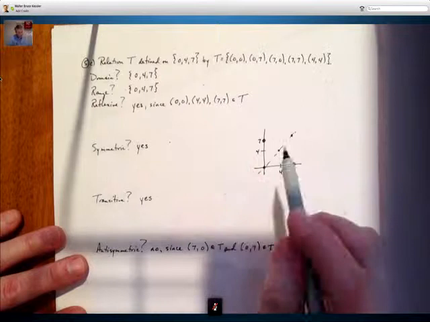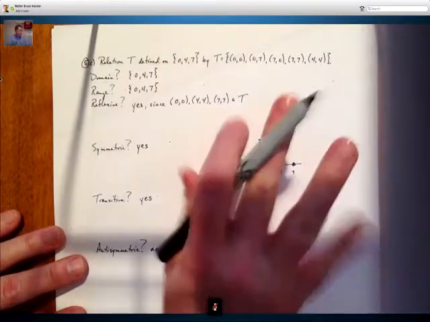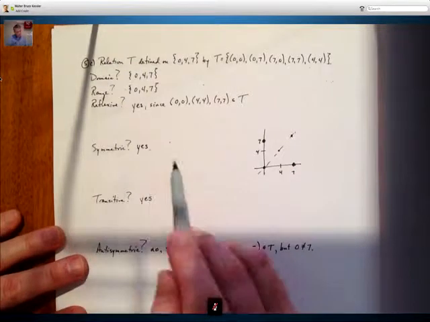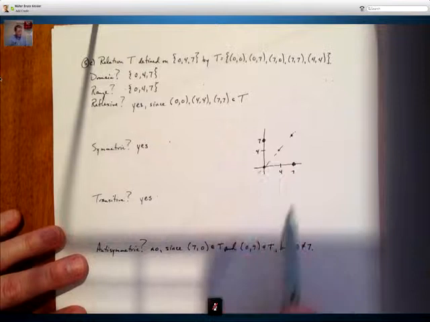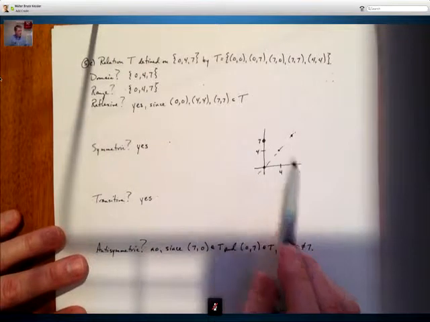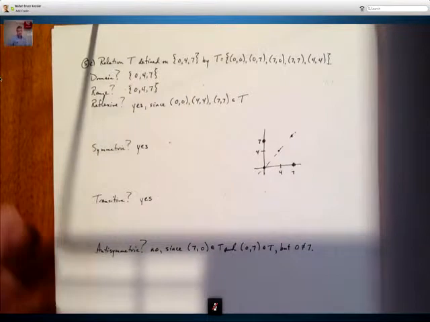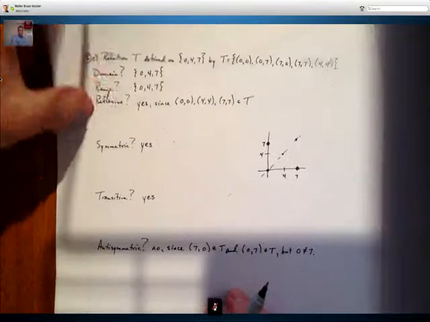So we've got everything possible on the diagonal. That's the reflexive. If we flip it over, this matches this. These things are on the diagonal, so yes. Transitive, we ran through the cases. Anti-symmetric, no, because I do have a couple things here that do match up. And everything else is along the diagonal, so it's fine. Okay.